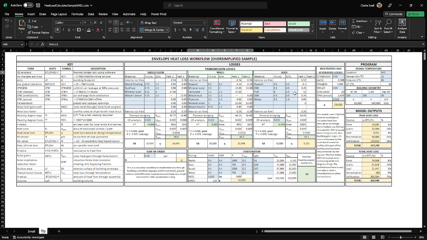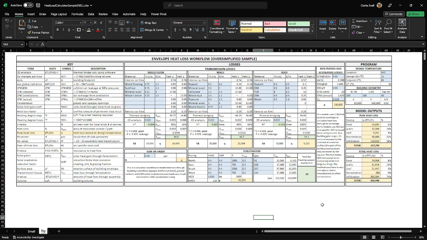So these are the opaque assemblies that we're losing heat through. We also lose heat through fenestration, which in this case I mean windows and doors that are glazed, that have glass in them. And we have a variety of variables that determine the heat loss for them. And then we have infiltration, which is leakage through holes in the envelope.